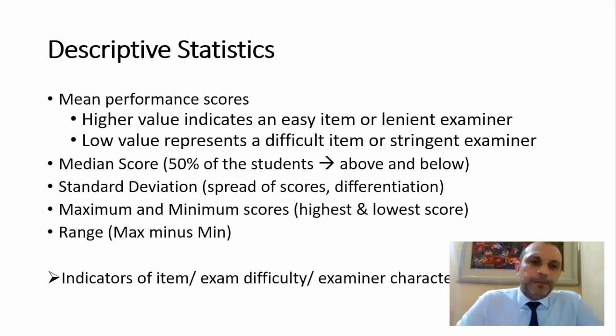Standard deviation. Standard deviation is a measure of the spread of scores. How successfully have you been able to differentiate between your students based on their capability, based on their ability? So suppose the standard deviation is very low. The standard deviation is 5, which means that your students have scored very similarly, and it was an international exam or an entrance level exam.